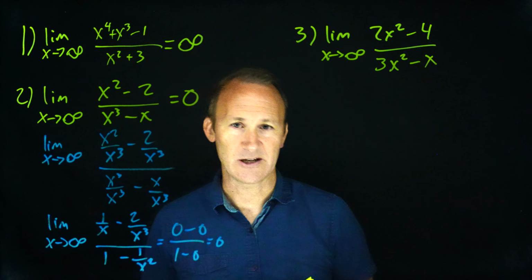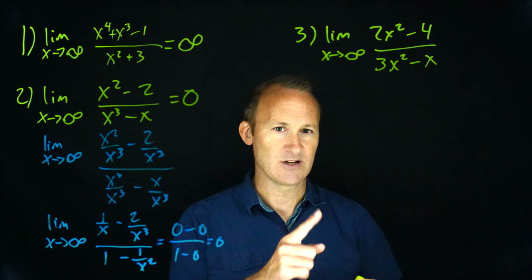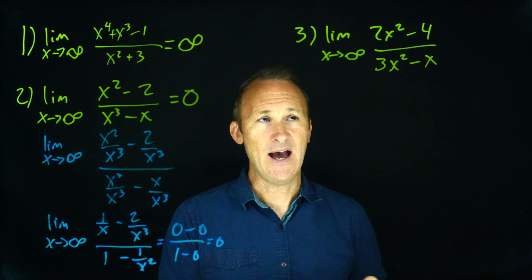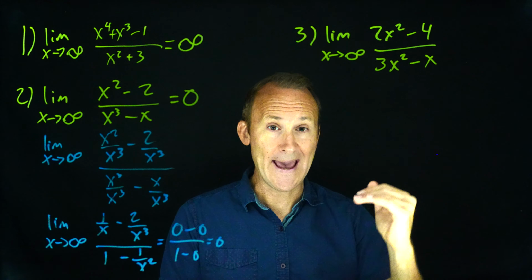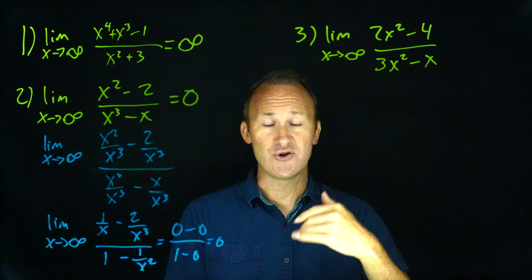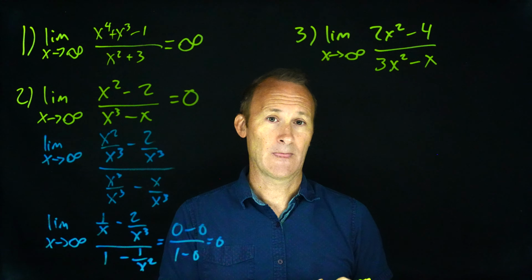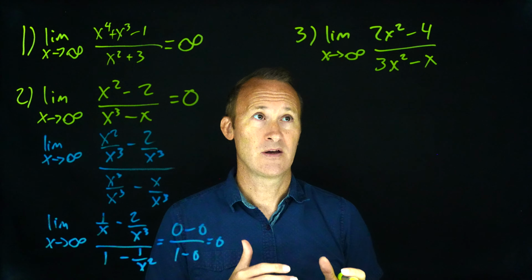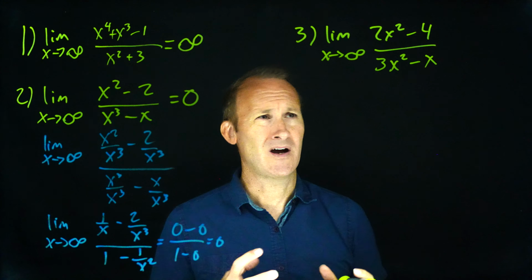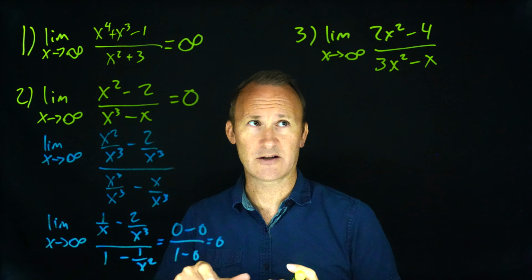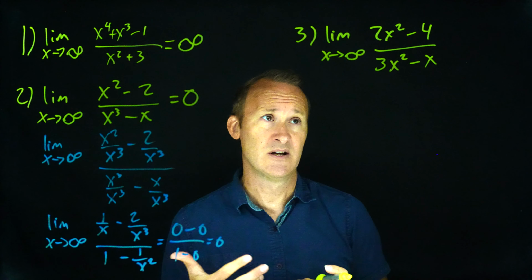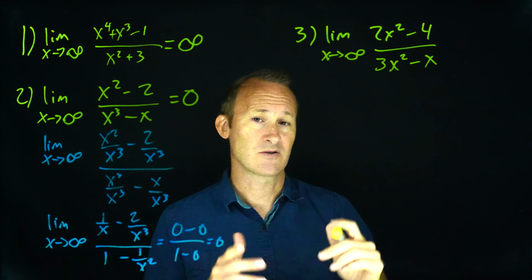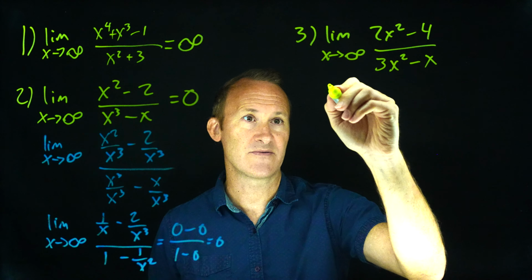What do we do here? This is interesting because now we don't have a higher power in the numerator or denominator. It's in both. And so now this technique of dividing by the highest power of the denominator is very valuable. Let's apply it and see what happens.